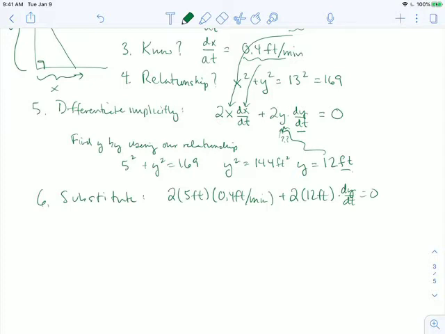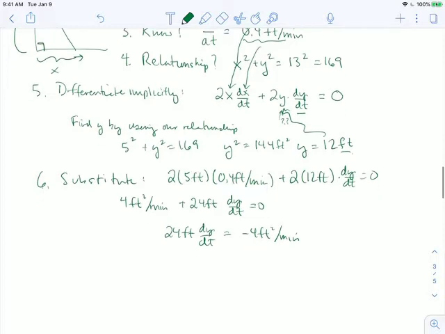So I get 2 times 2, so it's going to be 4 feet squared per minute plus 24 feet times dy over dt is equal to 0. So I get 24 feet dy over dt equals negative 4 feet squared per minute.